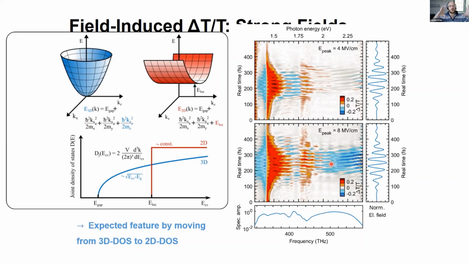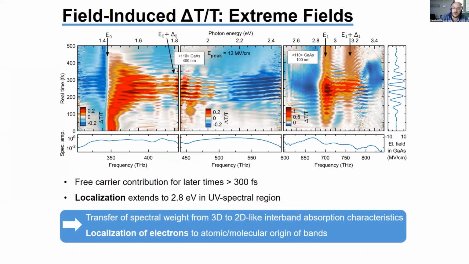We are moving from a three-dimensional gallium arsenide to a sequence of 2D layered materials in which the absorption is enhanced at higher frequencies. So we move spectral weight from lower energies to higher energies. And basically gallium arsenide becomes a layered material, in which we disrupted the periodicity and the wave function only along one direction, where we are applying the electric field. And at stronger field, this becomes even more clear.